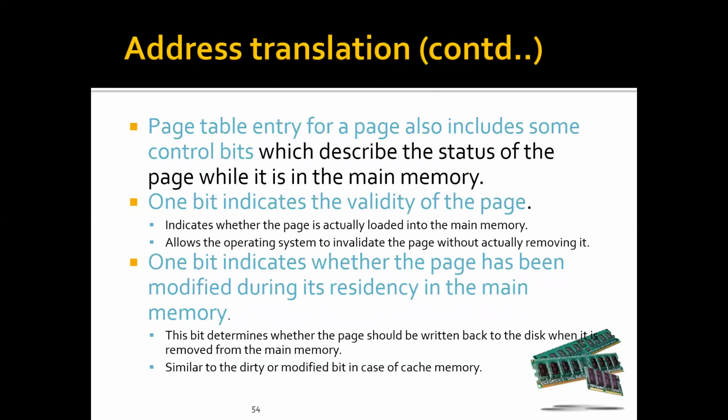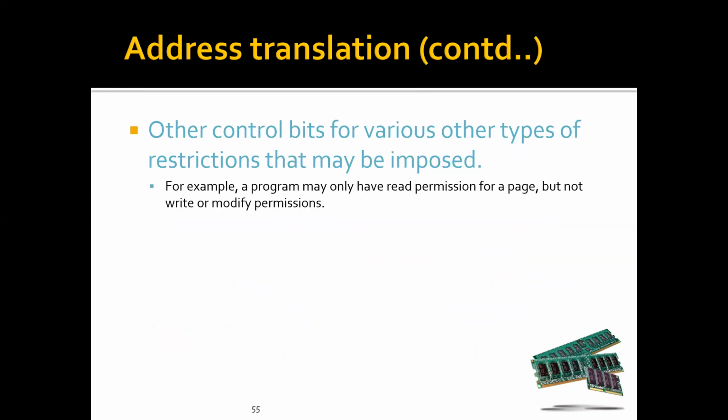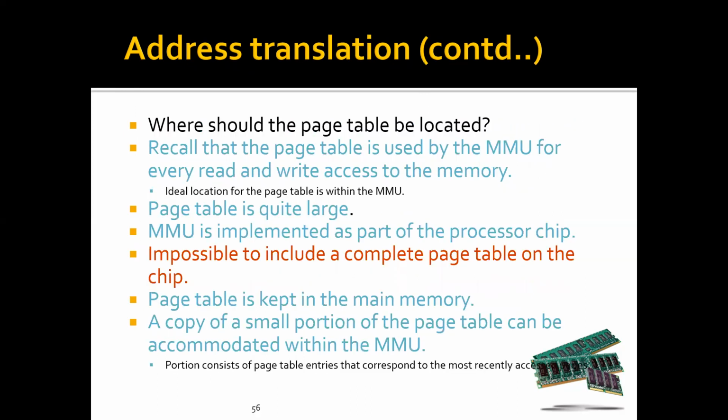So the page table entry for a page also includes some control bits we have already discussed. One bit is for valid bit, one maybe for read, write, kept for different purposes. Now the question is where to keep this page table, because this page map table has to be kept somewhere.